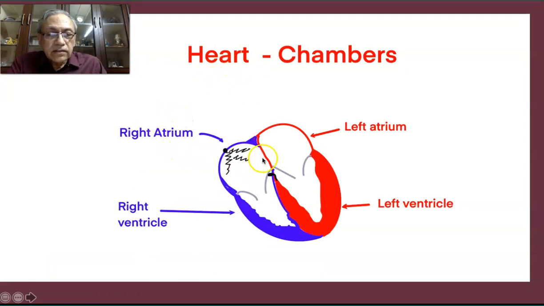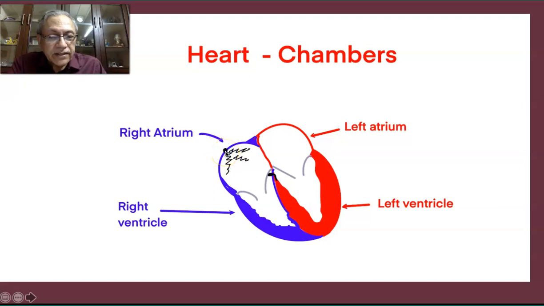Let's see how the electrical activity in the heart is generated. There are two types of chambers. One is the upper one known as the atria and the lower ones are called the ventricles. Now the atrial chamber on the right side is called right atrium and on the left side is the left atrium, and similarly the ventricle on the right side is the right ventricle and on the left side is the left ventricle. It is the right atrial upper part which has got the sinoatrial node which generates the electrical activity.